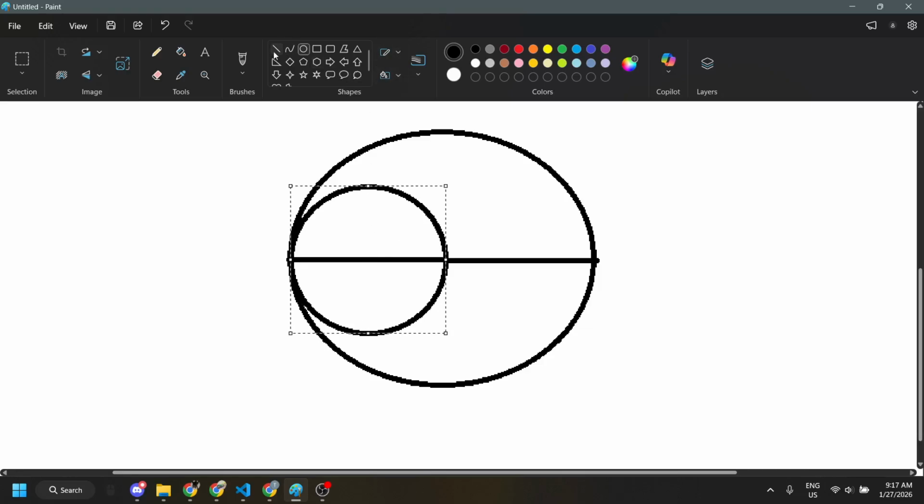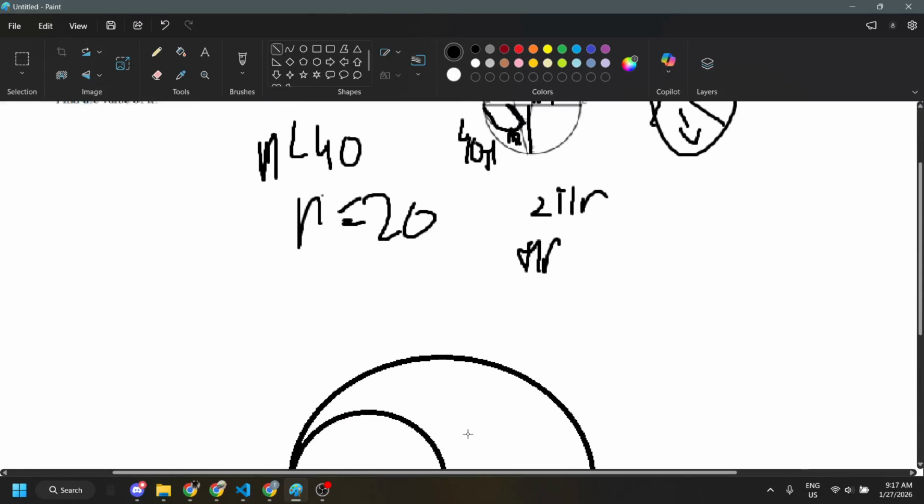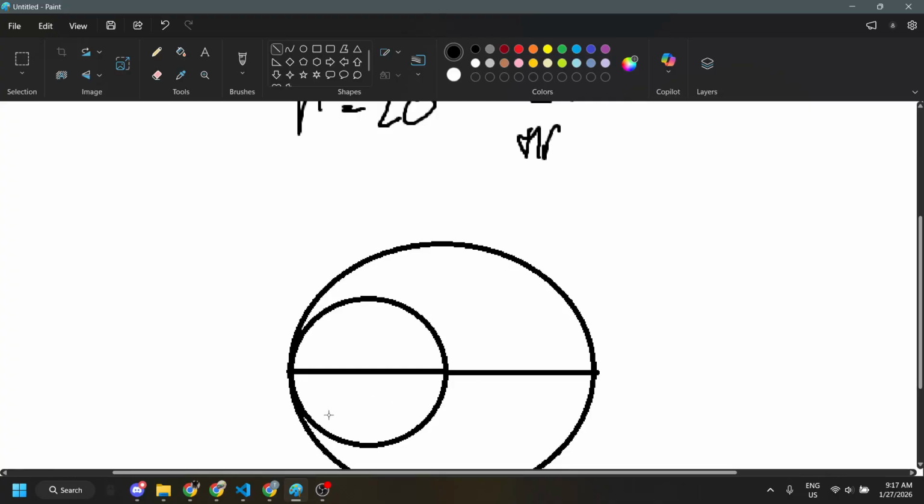And then we have two lines, that are like here and here.